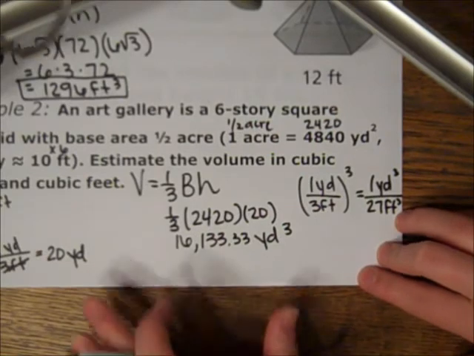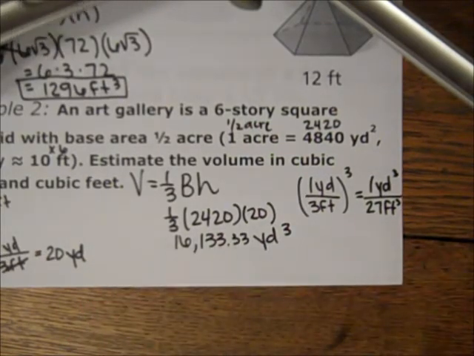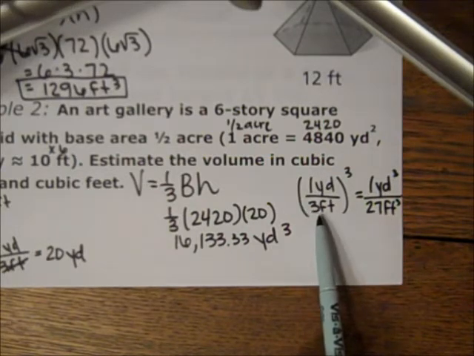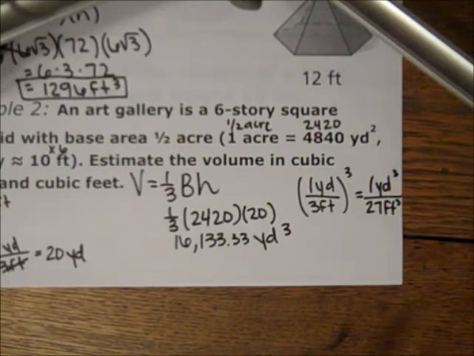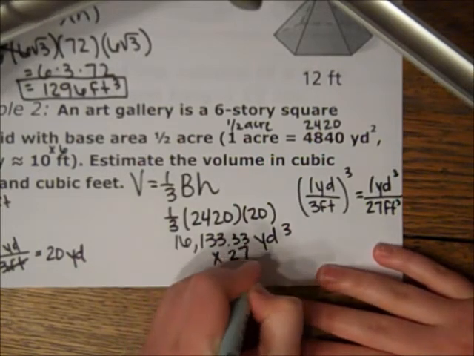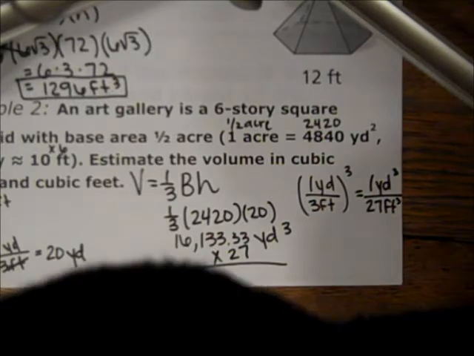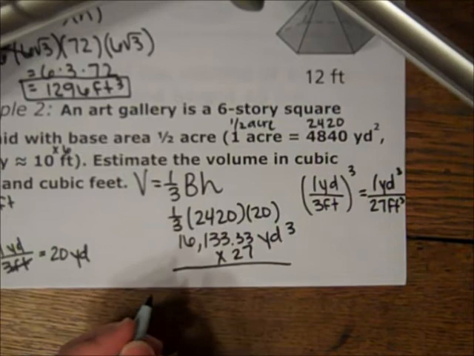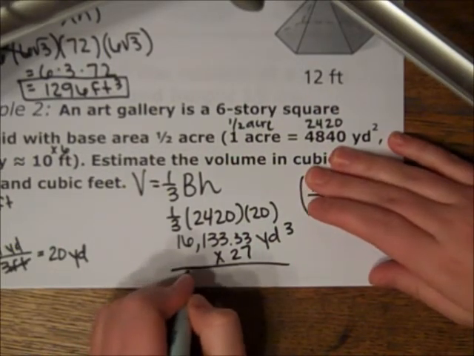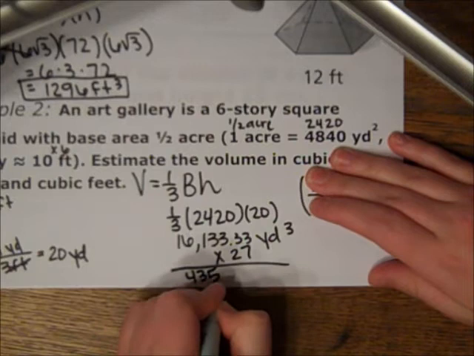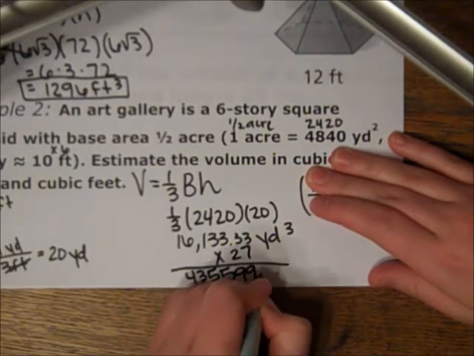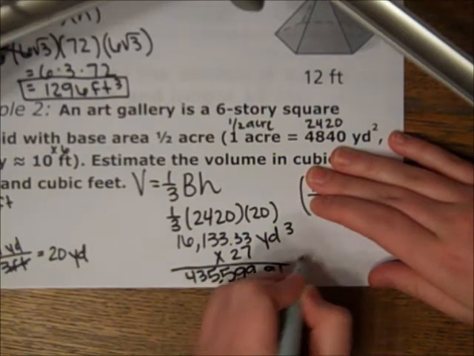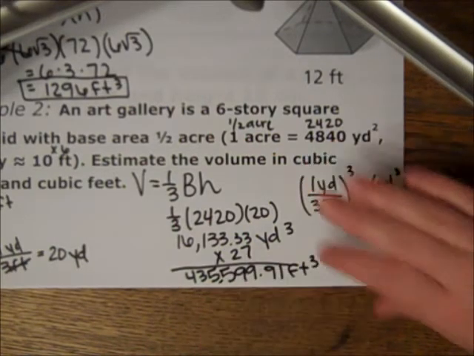So instead of doing times 3 to get it from feet to yards, we're going to actually do times 27 to change this over. So now I'm using my calculator because it's all I have, so be kind if this is wrong. 435,599.91 feet cubed.